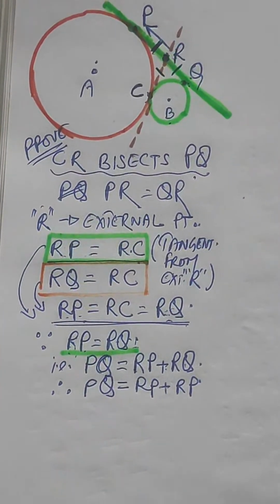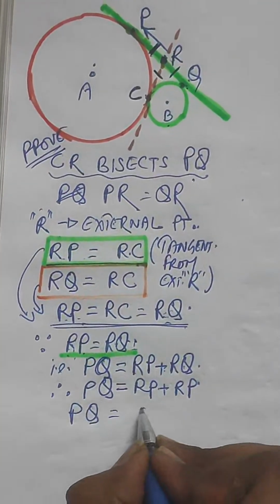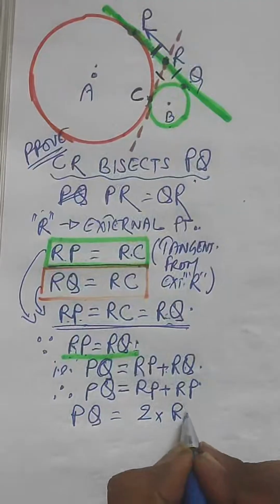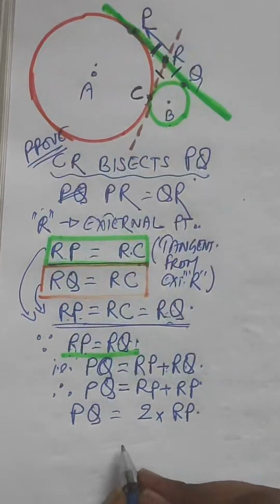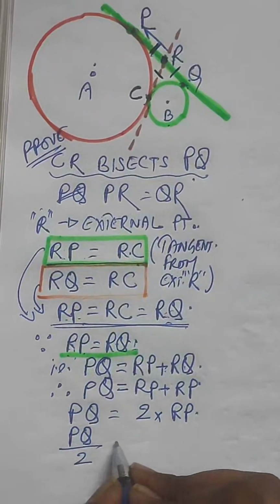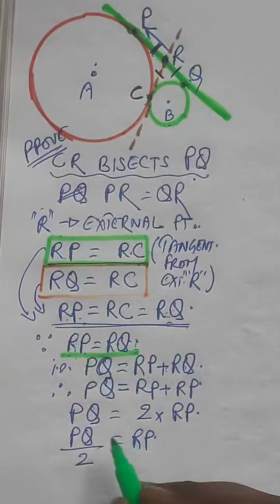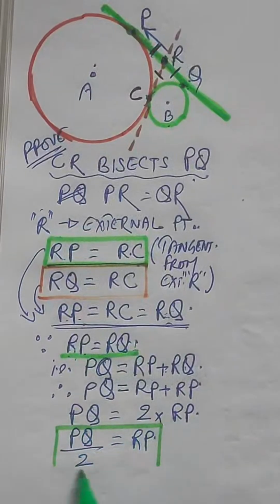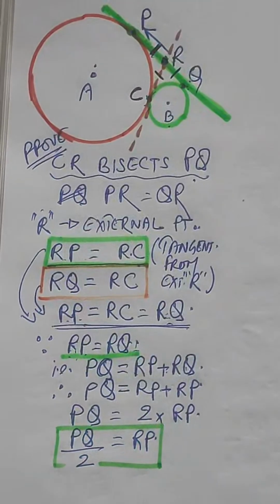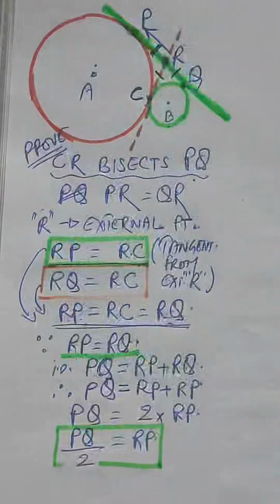With this, we can say that the length of the tangent PQ is equal to 2 times RP, and PQ by 2 is equal to RP. If this is proved, then we can say that R is bisecting PQ equally.